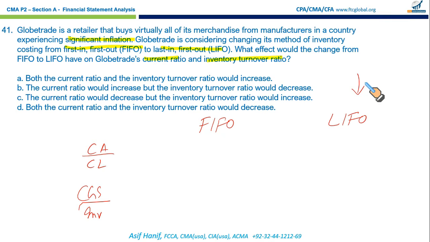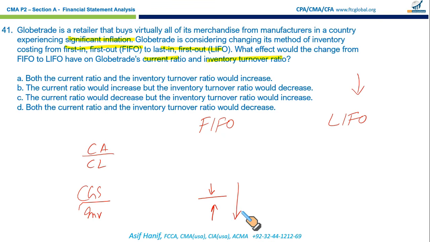Only LIFO is concerned. If you wish to, you can calculate for FIFO also. When the price level is rising, first in first out means you are transferring older, lower costs to CGS. CGS is lower here, and you are transferring higher cost to closing stock.